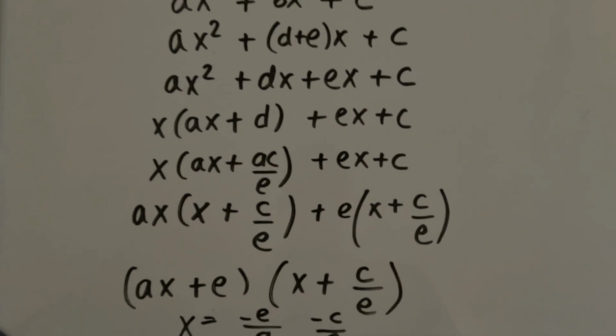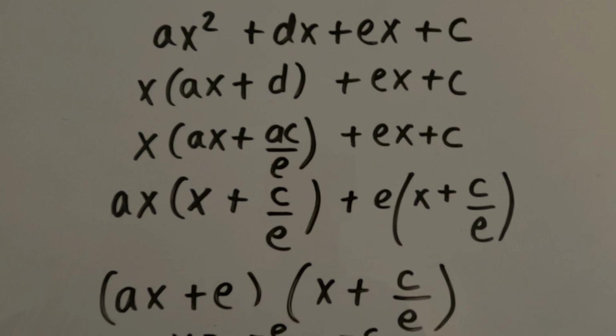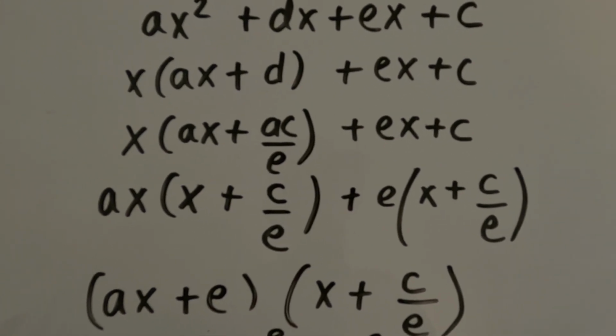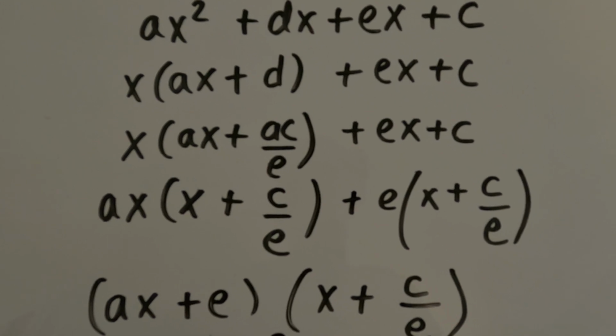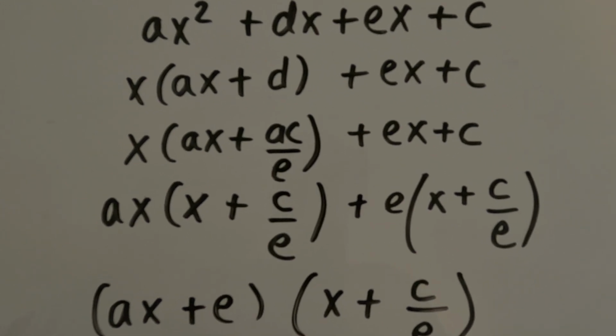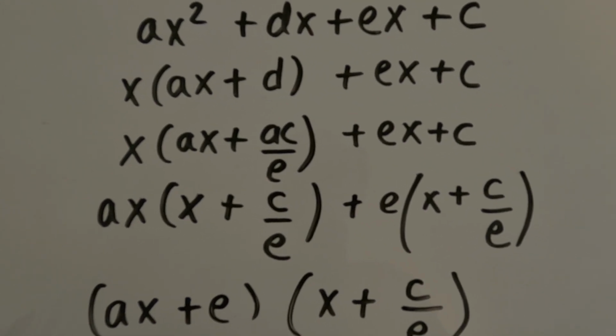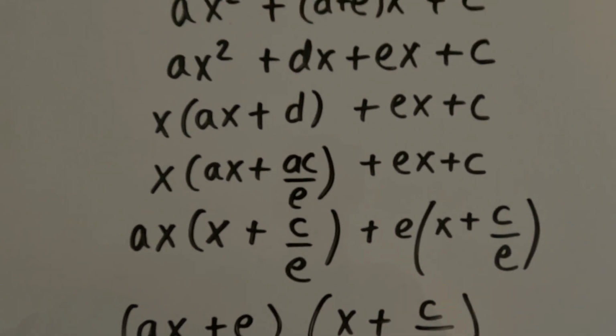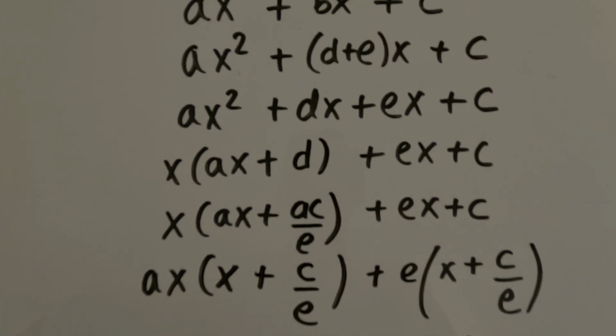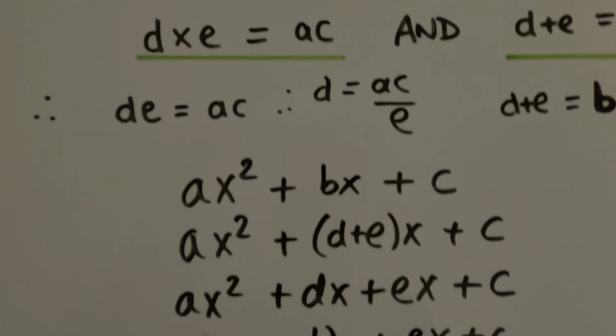Okay, but it's in terms of e. But e involves b and d, or a, c and d. But anyway, that's it done, okay? And that works because we have satisfied both conditions.